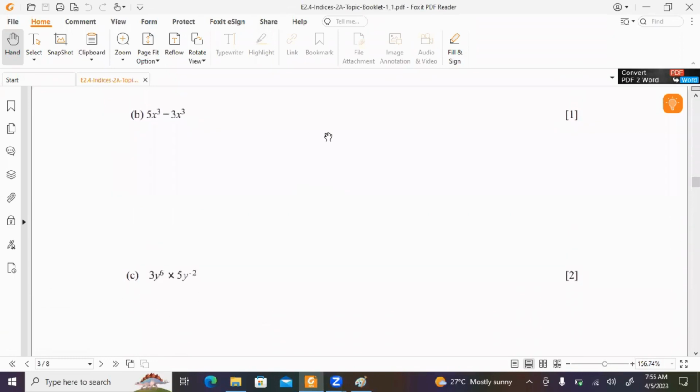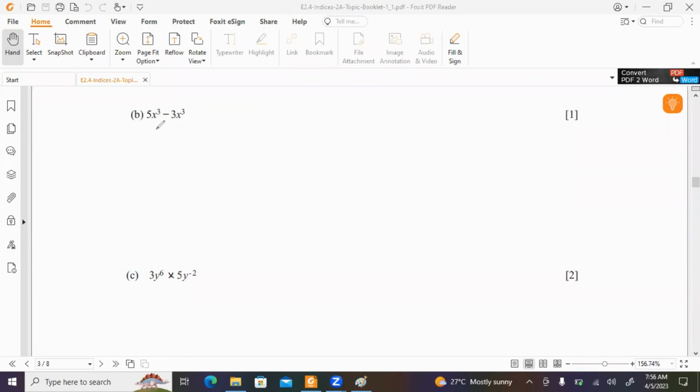When we talk about adding or subtracting variables, we need to make sure that in order for us to combine the variables, by combine I mean whether we're adding them or subtracting them, the variables being added or subtracted are the same and they are raised to the same power.